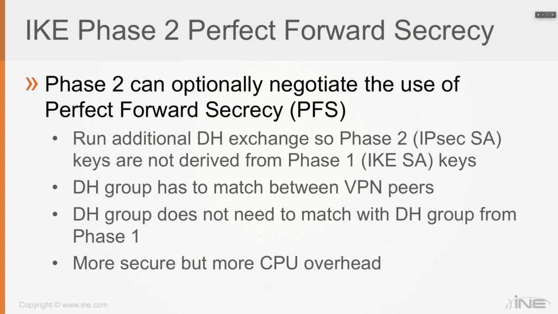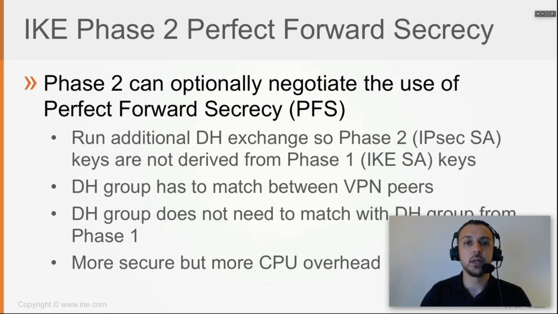What it is used for is that if the peers negotiate PFS, then once phase 2 is up, they're going to run an additional Diffie-Hellman exchange, so that the phase 2 keys are not derived from the phase 1 keys. Because by default, when phase 2 is up, both VPN peers locally compute those 2 keys, which they're going to use to encrypt traffic back and forth in the IPsec tunnels, but those 2 keys are derived from the keys negotiated in phase 1.